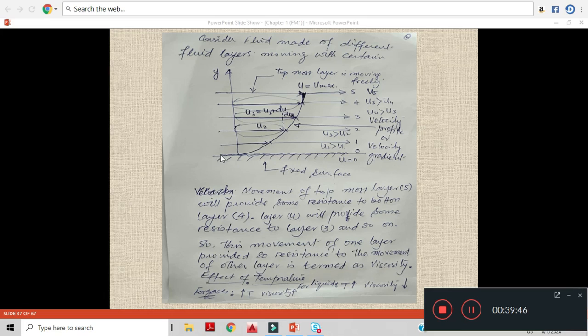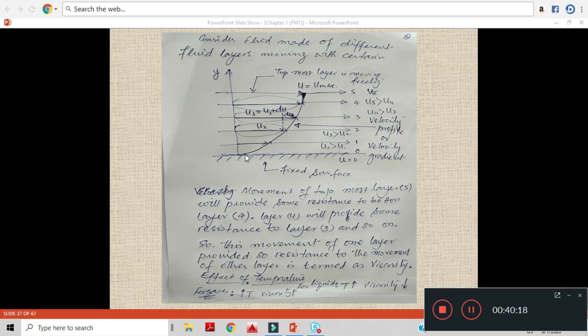Okay, so that means here the velocity is 0. There is no velocity at the bottom. So we are considering u equals 0. From here, as we move up, the adhesive forces decrease, but still there are cohesive forces between the molecules.